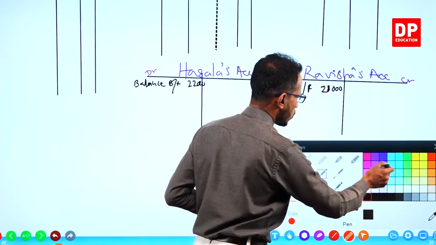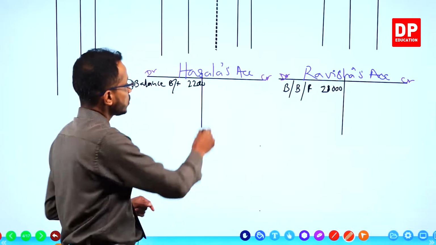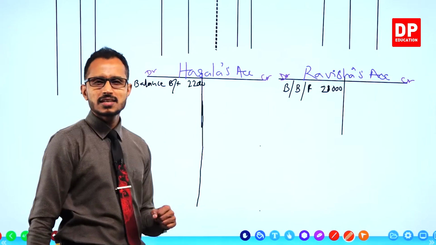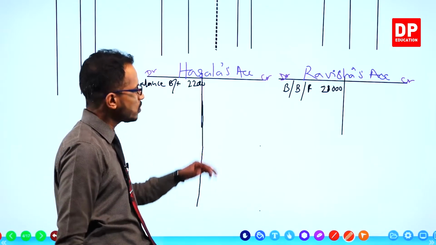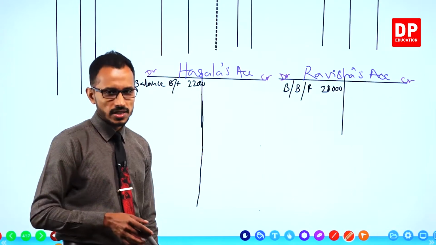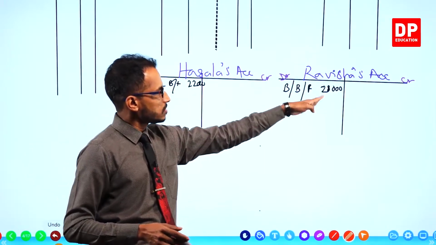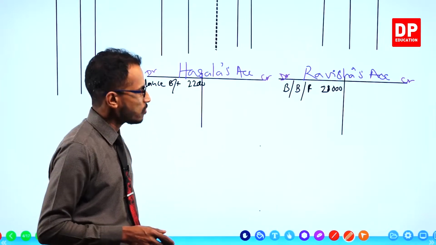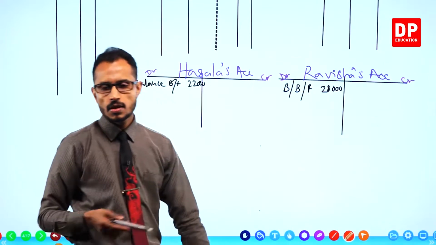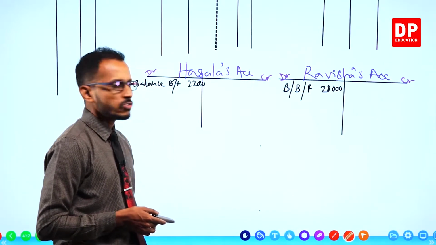Don't take too much space downwards. Normally you will have 2-3 entries to record in these accounts, so just 4-5 lines in your answer sheet is enough for these ledger accounts.